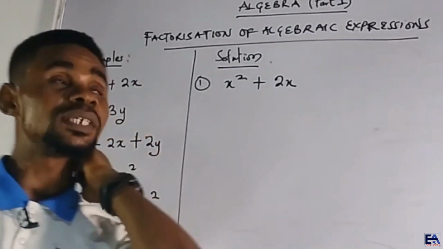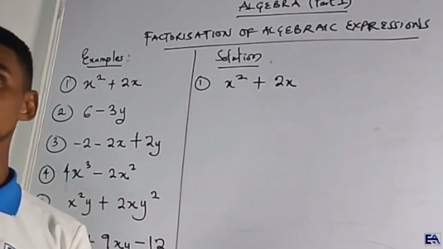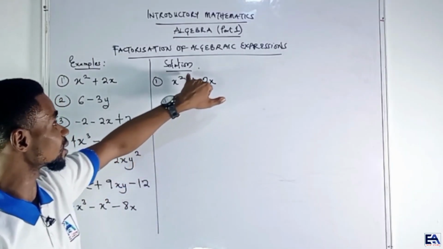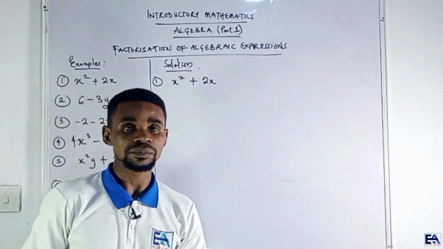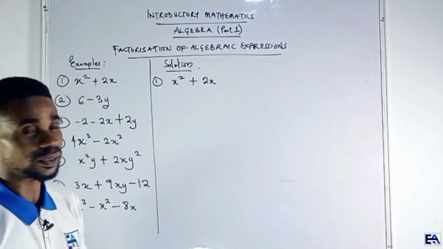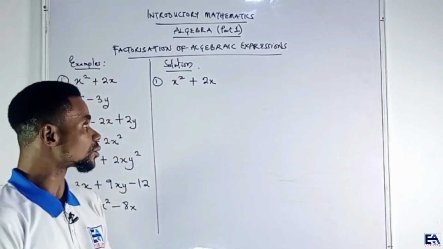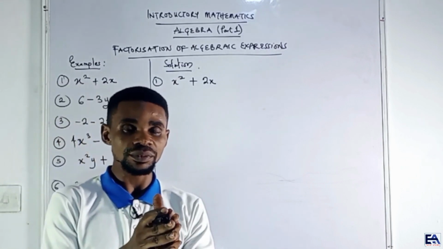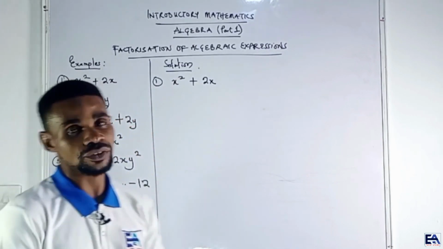Both of them have x, but they cannot add or subtract each other, because this one is x that has a power, and this one is an x that is multiplying a number. They cannot add or subtract each other, but you can do something about them to make it more compact, and that something is factorization.